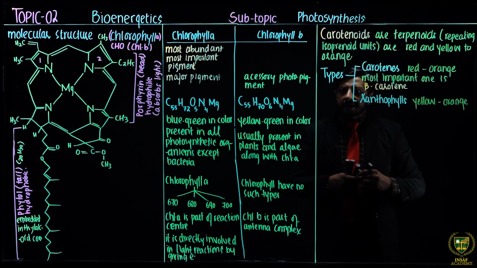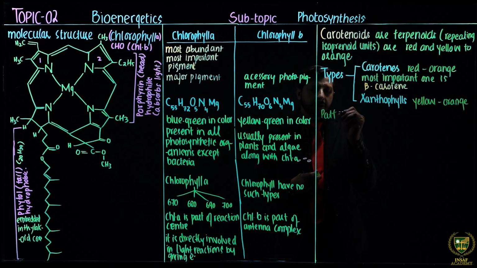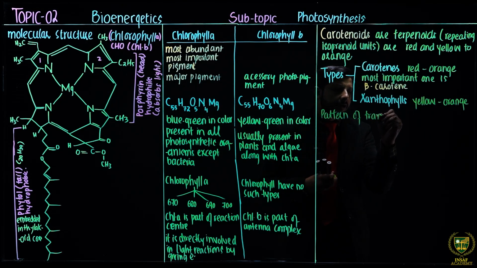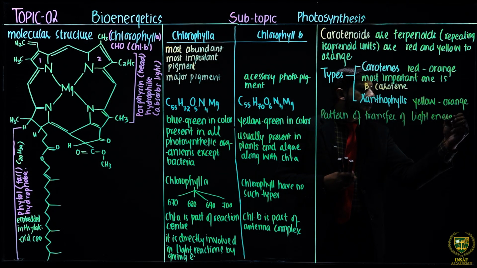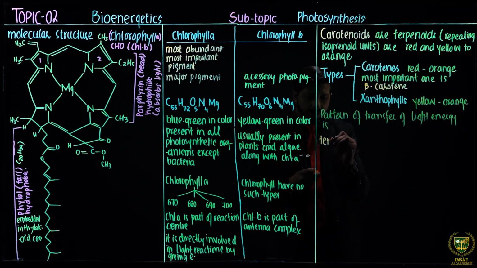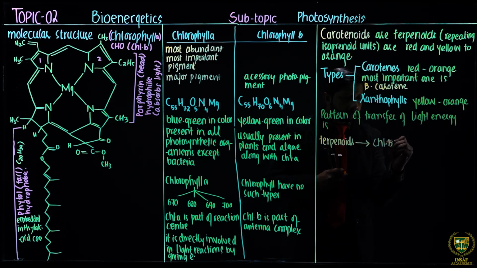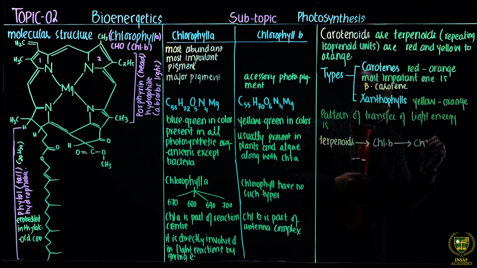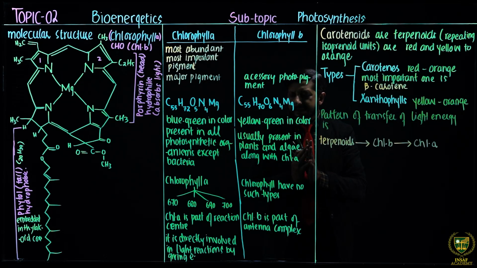Clear? And the pattern of transfer of light energy is that the terpenoids pass it on to chlorophyll B and that passes on to chlorophyll A. Dear students, carotenoids are also involved in absorbing other lights which chlorophyll A and B cannot.